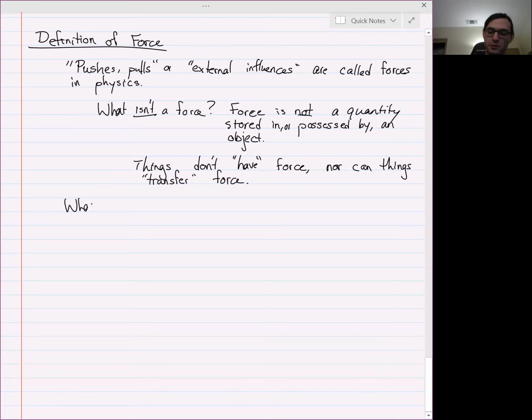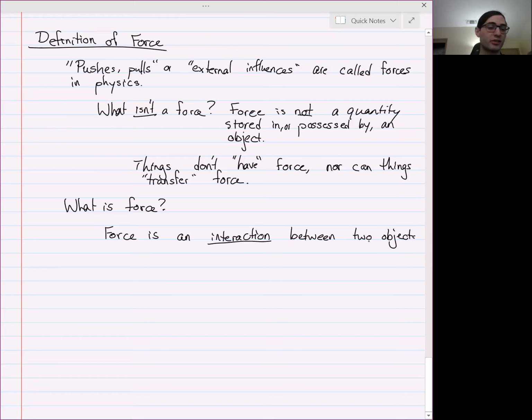Rather, we can give a slightly better definition. So force is an interaction. Importantly, it is an interaction, which means it requires more than one thing. It is an interaction between two objects. I'm going to underline two as well because that's important, which comes in the form of a push or pull.